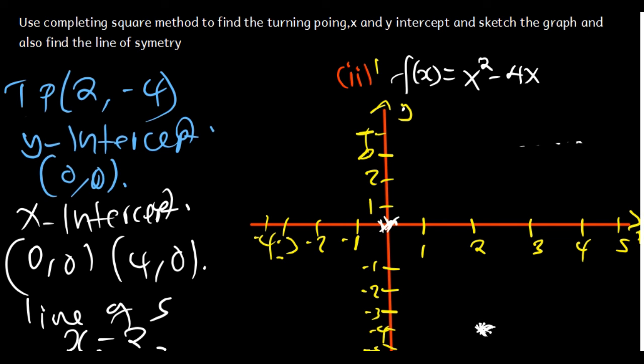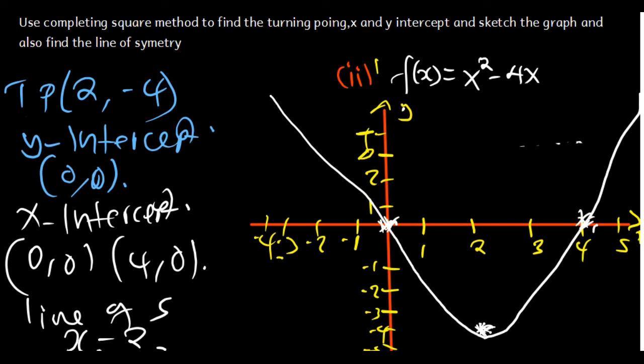That's where the graph is going to turn. Now we have also the line of symmetry at the same point. Then you have 4, 0, which is this point. So the graph is supposed to come here. When it comes here, it rests, then it goes there. So this is my graph of f of x is equal to x squared minus 4x.